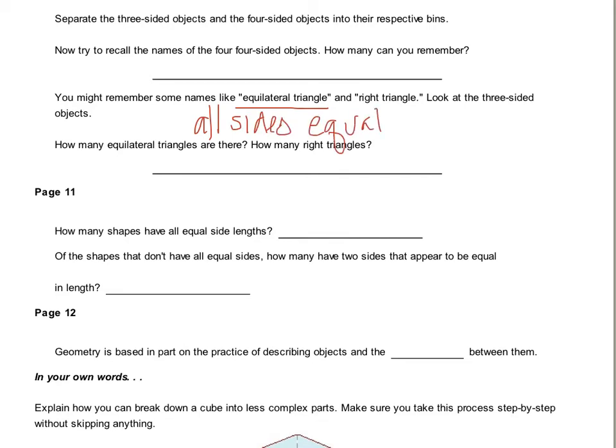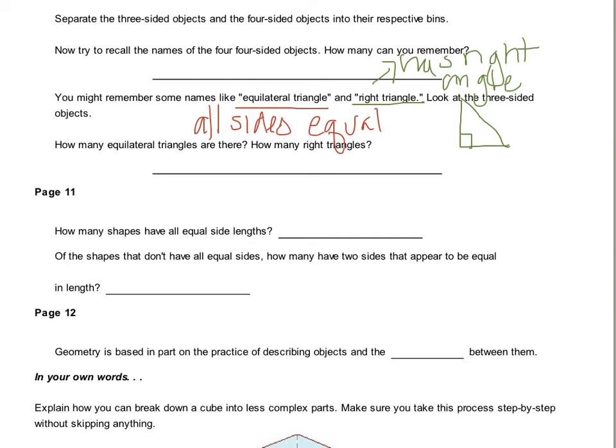And if something is a right triangle, that means it has a right angle. So it's going to look like this, and it'll have a right angle in the corner.